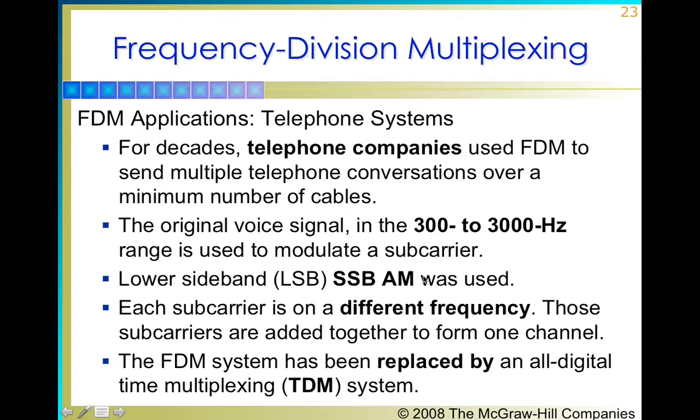Then we have hundreds and thousands of customers on which this modulation is being done, and all those signals are then multiplexed with the help of the FDM telephone multiplexing system and sent from one location to another location.